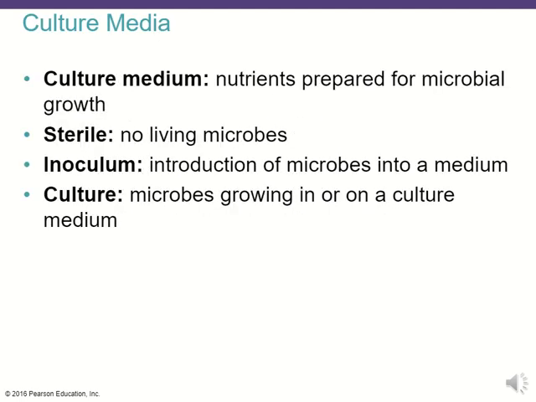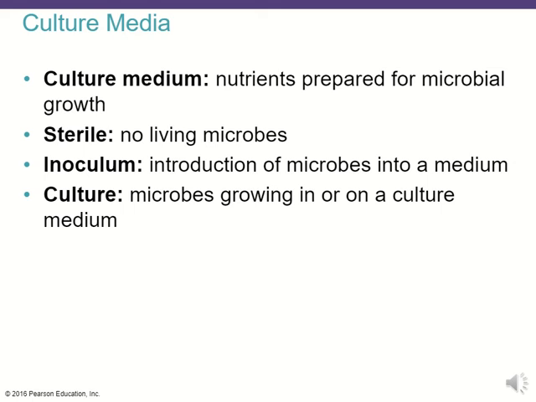Getting into actual media, which is essentially a substance used for preparing a culture or a lab sample of a bacterial colony, or microbial colony. There is the culture medium, which is essentially the nutrients prepared for that specific microbe to grow optimally.